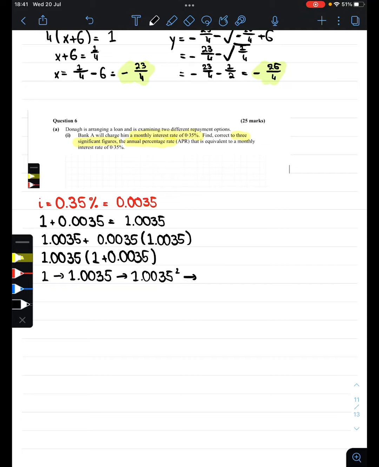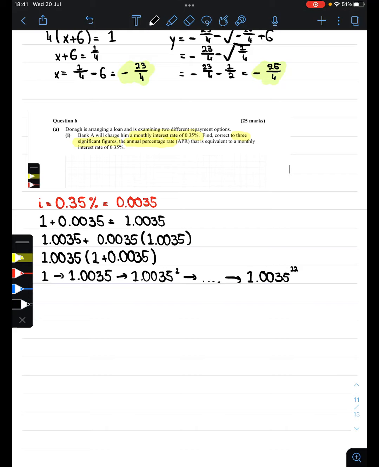So after a year, it has multiplied by 1.0035 12 times, or equivalently, 1.0035 to the power of 12. And this is how compound interest works. So we've gone from 1 to 1.0035 to the power of 12.